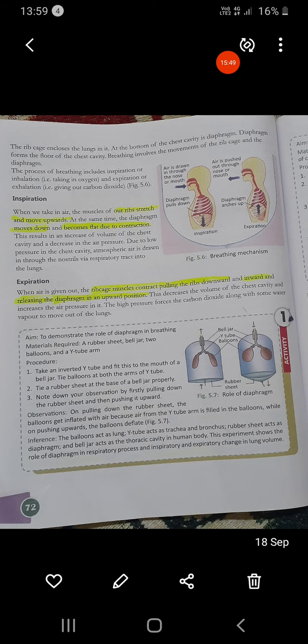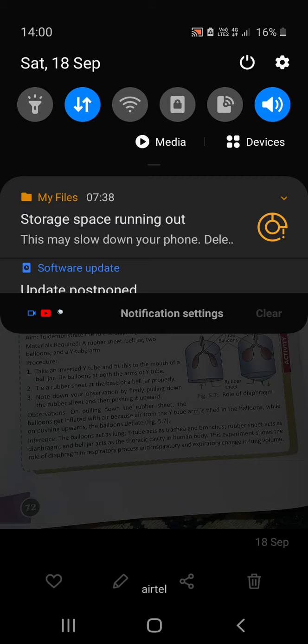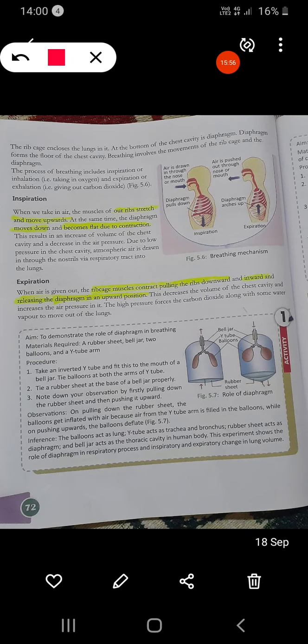And children, vice versa in expiration. Inspiration means inhalation, and expiration means exhalation. So the reverse process happens in expiration.